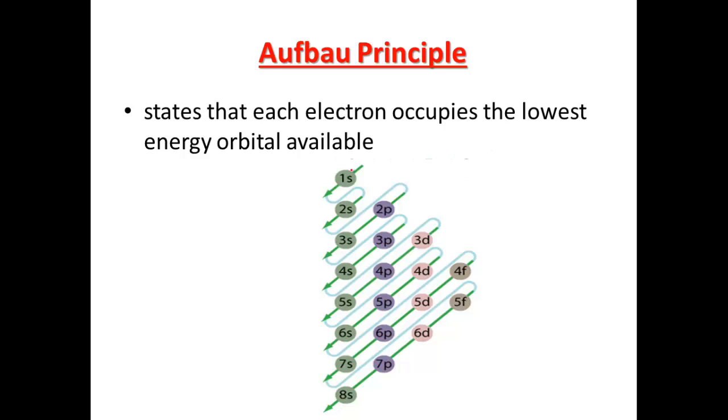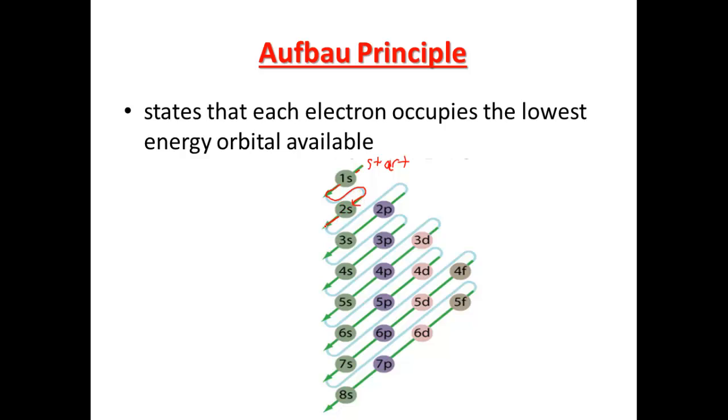Now on your chart, these arrows aren't quite all the way fully drawn in. We start up here, and you'll be getting a chart similar to this in class as a review to work through also. You go from the 1s orbital, where we're going to start, and then it's going to backtrack, so draw this little backtracking line into the 2s. That's where the first electrons will fit in, the 1s, and we'll back around to the 2s.